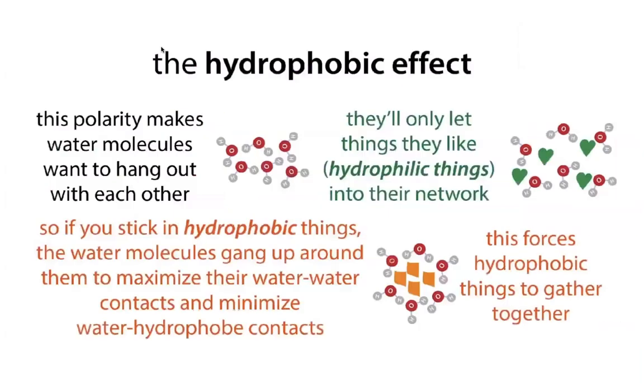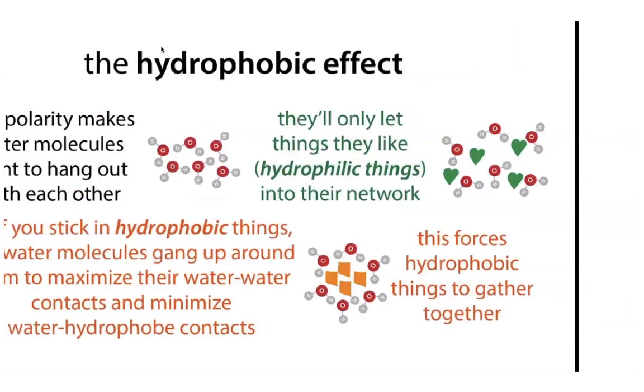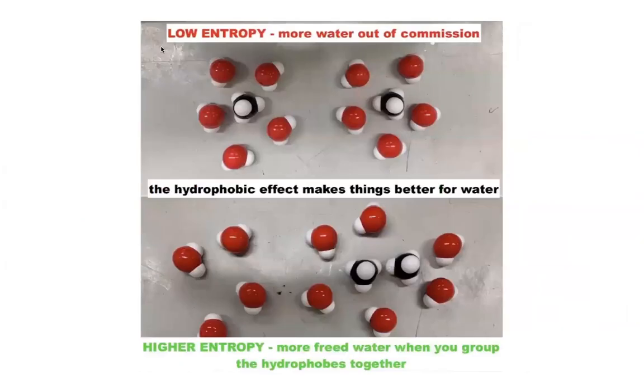And so to illustrate this, let's talk about something called the hydrophobic effect. Basically, if you think about water just hanging out, and something nonpolar comes in, those water molecules are going to have to give up their water-water interactions and form interactions with this thing that they don't want to form interactions with.